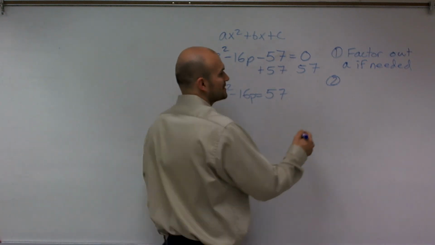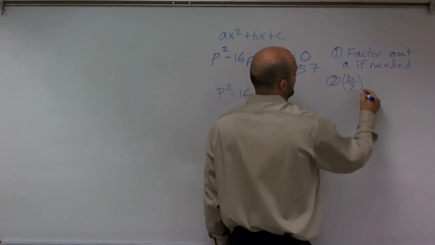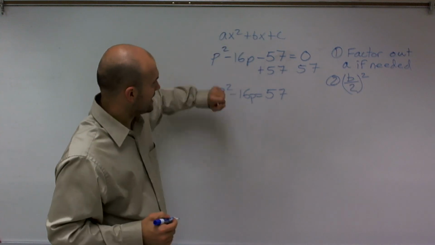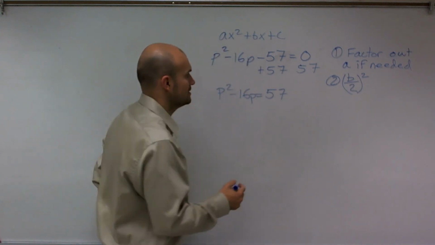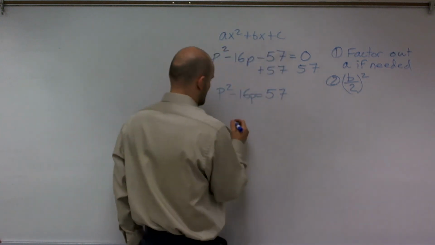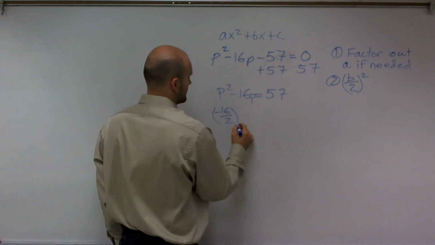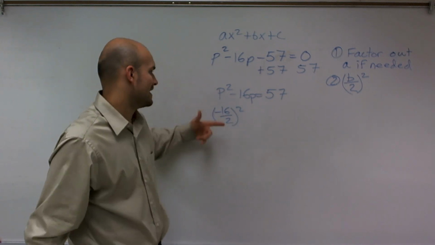To do that, I'm going to take b divided by 2 and square it. So I look at my b, which is negative 16. I'm going to take negative 16 divided by 2 and square it. Negative 16 divided by 2 is negative 8.